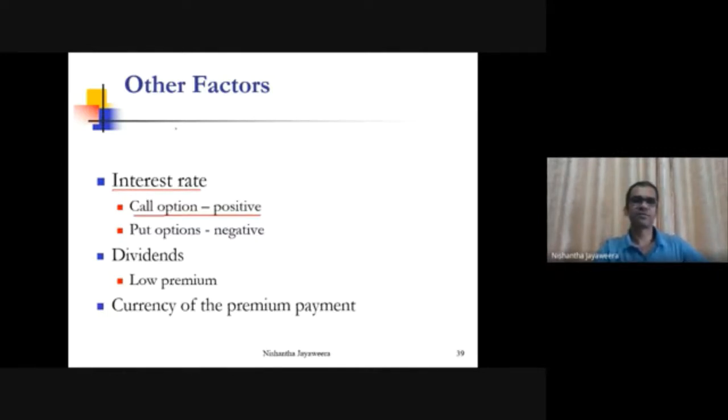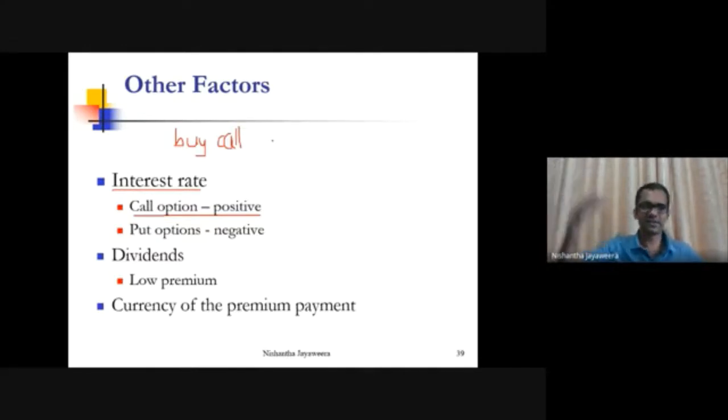If you buy a call, what does it mean? You get a right to buy the underlying asset. Why do you buy that? You think the price of the underlying asset will go up in the future, so you can get the advantage.